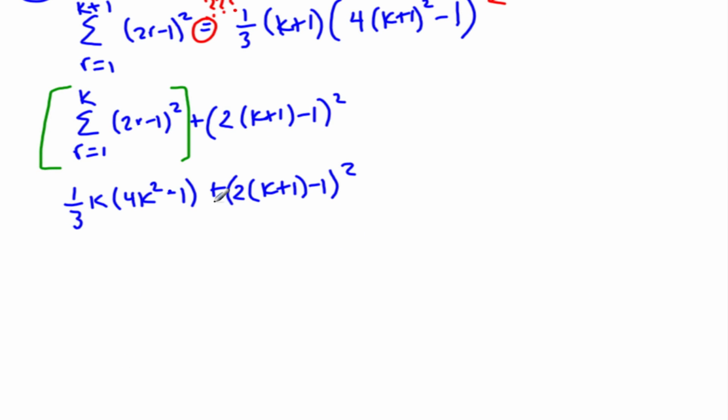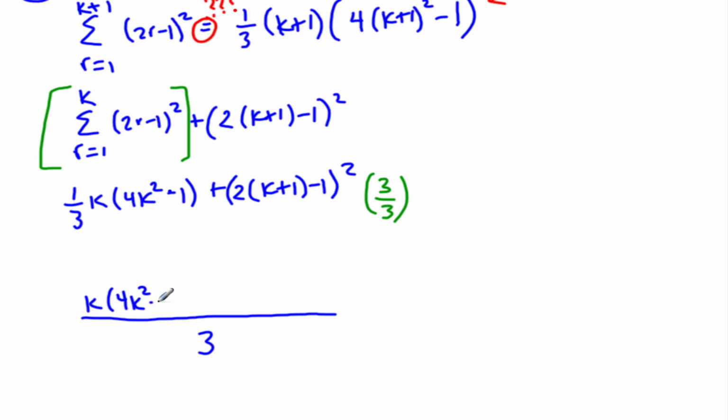So one of the very first things in induction you should always look to try and do is a common denominator. And I can see right here that this first piece is divided by 3, so I'm going to multiply by 3 over 3 on that second piece. So then the entire thing is divided by 3, and I'll have k, 4k squared minus 1, plus 3, 2k plus 1 minus 1, all squared.